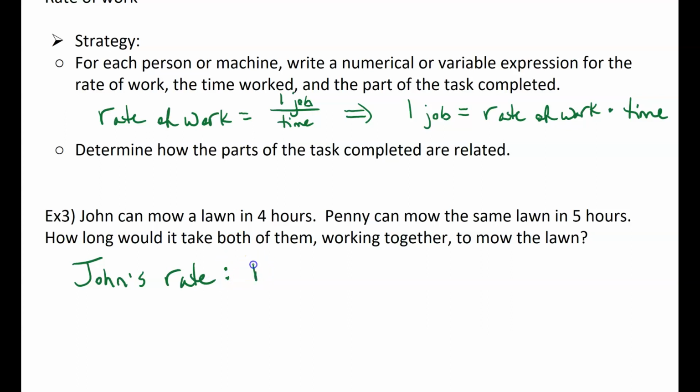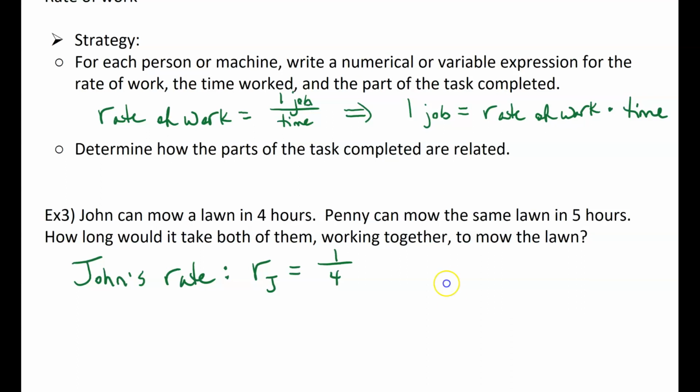I'm going to call it rate R sub J, so we know we're talking about John here. How many lawns is he completing? One, and it takes him how long? 4 hours. So therefore John's rate is 1/4.